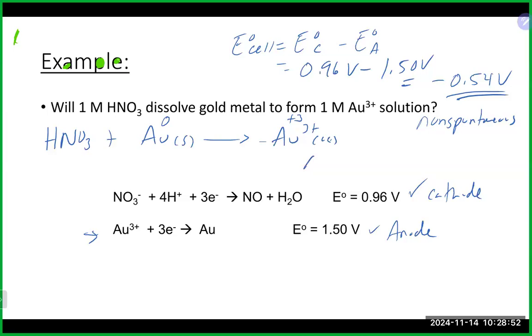That's because when we go into delta G equals minus nFE, we will have a negative here along with a negative here, which turns delta G into a positive, which tells us it's non-spontaneous. So this will not actually happen. You could calculate delta G and get the value if you wanted to as well, but the result will be a positive value, which tells you this will not happen in this case. So no.